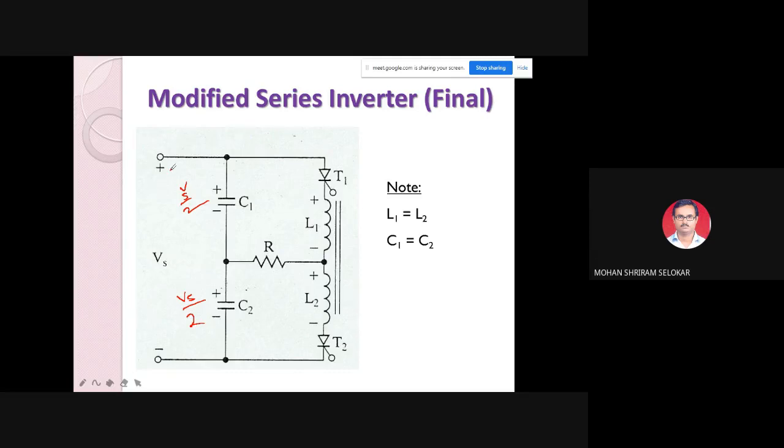It starts from the positive of the battery, as I am showing with the arrow, then goes to T1, then through the R. The current will flow through the R, and after that through C2 and back to the DC minus.